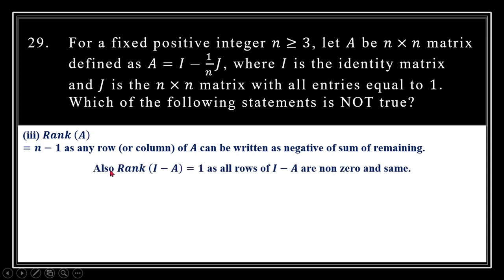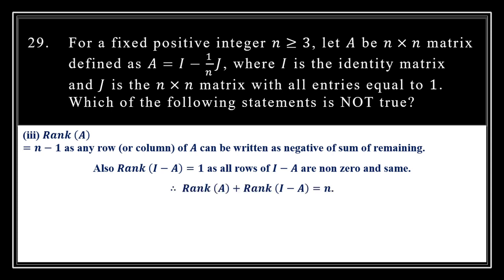Also, rank of I minus A is equal to 1, as all rows of I minus A are non-zero and same. When we take I minus A, then its rank is 1, because when we reduce it into row echelon form only one row is non-zero and all remaining become 0.